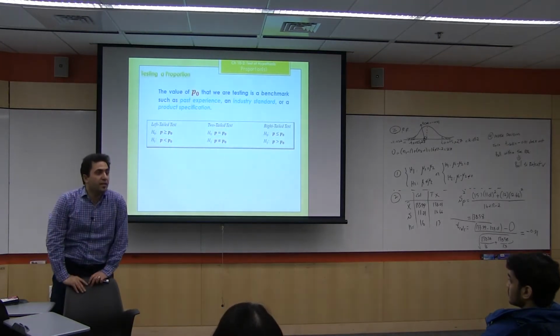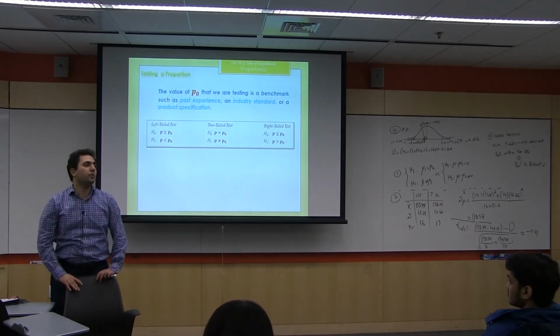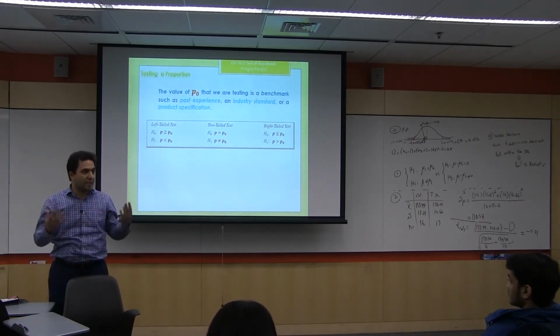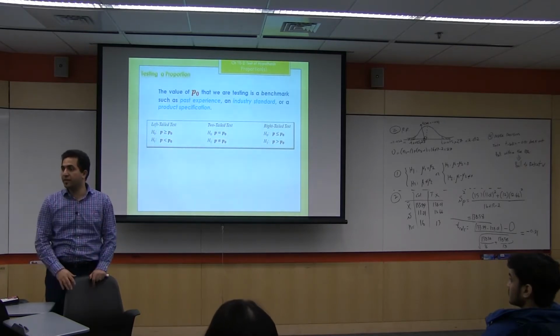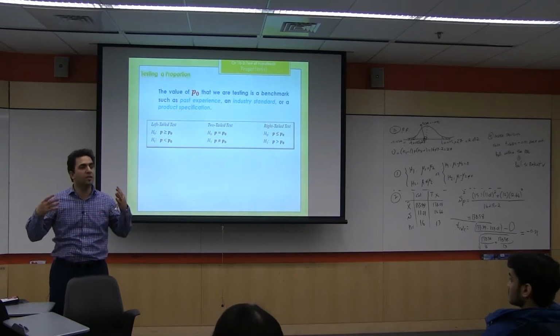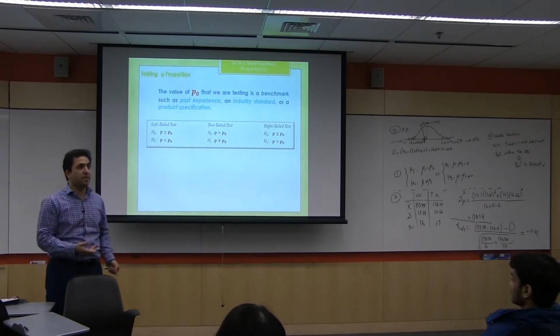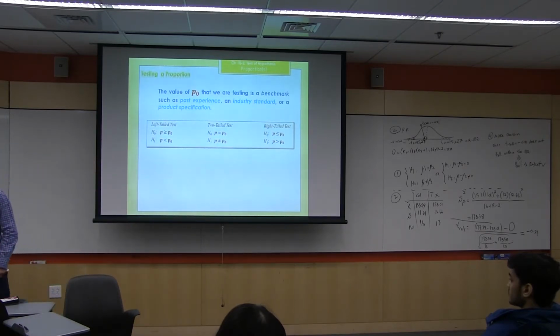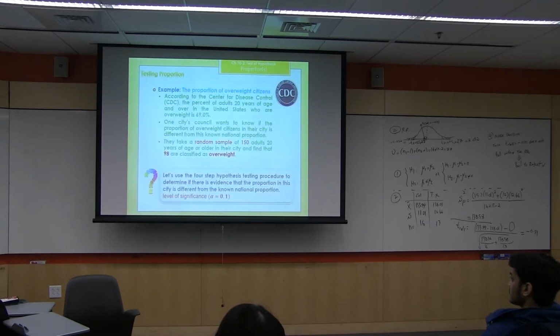You're working for a company that shows that the assembly time for the whole thing is 30 minutes. So that becomes a norm for the company. You don't want to be more than the norm. So we just keep checking the whole procedure and process to make sure that you are within the norm of the company or the historical data or historical experience. The same thing, we have three types of tests: two tail, right tail, and left tail, and everything is based on the normal distribution.